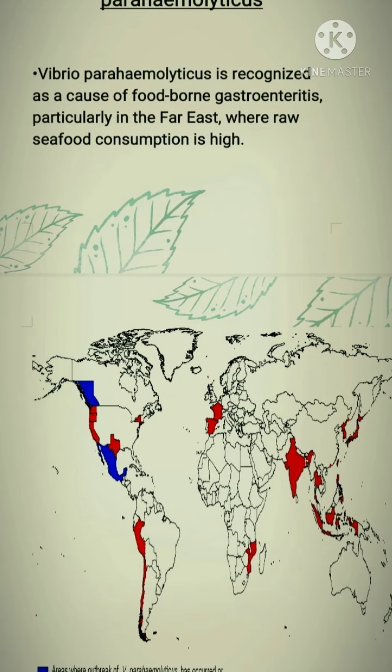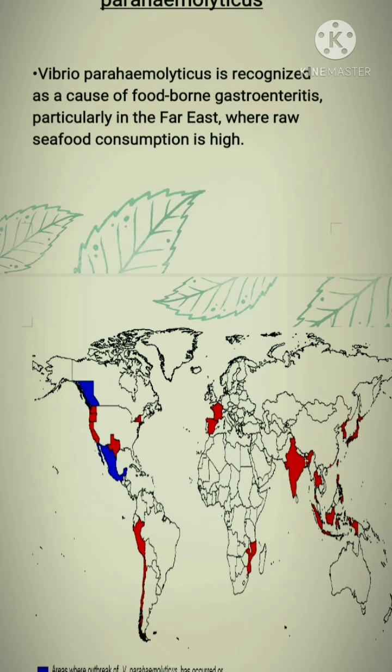Global dissemination of Vibrio parahaemolyticus. Vibrio parahaemolyticus is recognized as a cause of food-borne gastroenteritis, particularly in the Far East, where raw seafood consumption is very high. As you can see in the map, the blue areas are where outbreaks of V. parahaemolyticus have occurred or its presence in the environment has been reported, but the pandemic status of the strains is not clear.